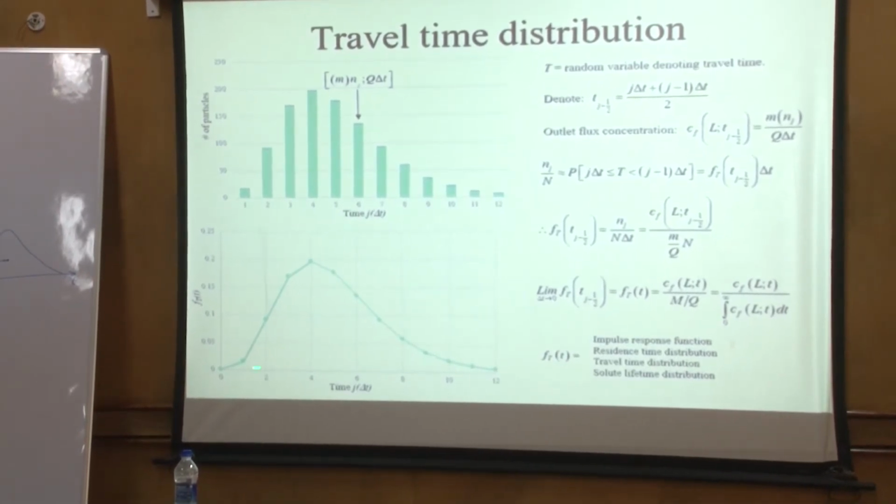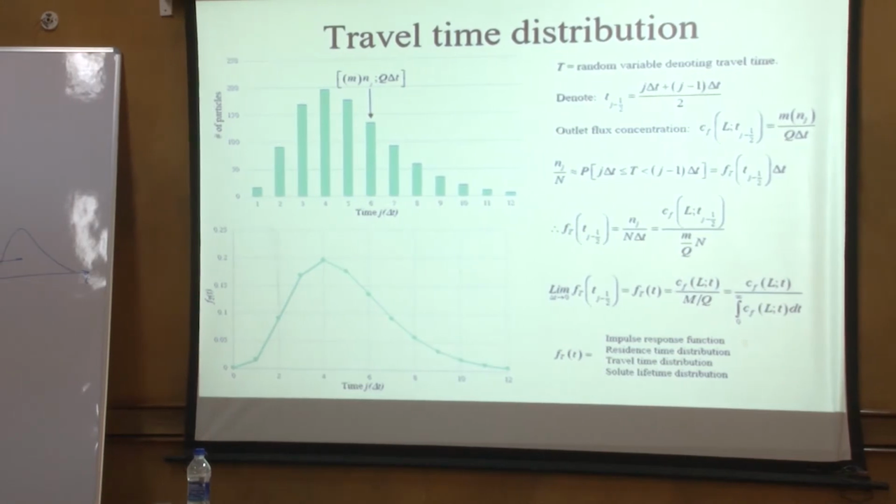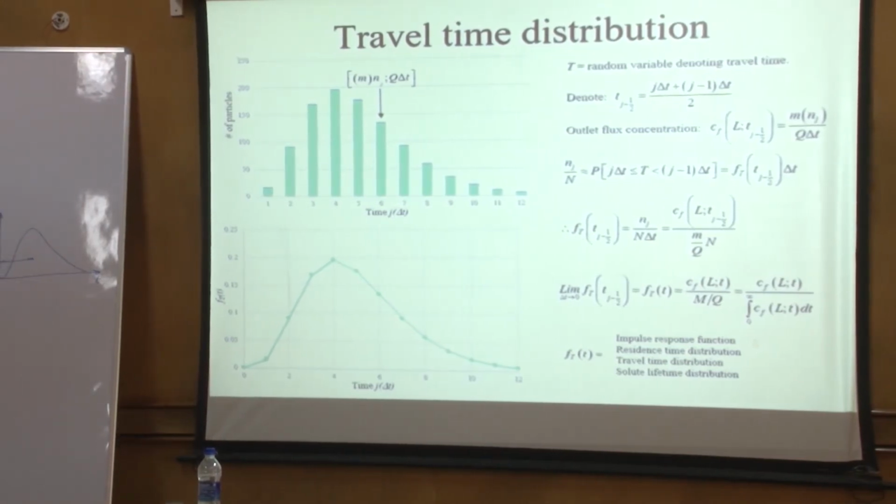So this travel time distribution is what I treat as a fundamental property of the system. With this I can do any other calculations that I may be interested in. This has many names. It's sometimes called the impulse response function, because this is the response you're getting for an impulse input. You added all those particles in one single instant.